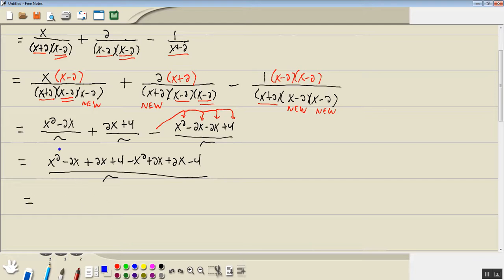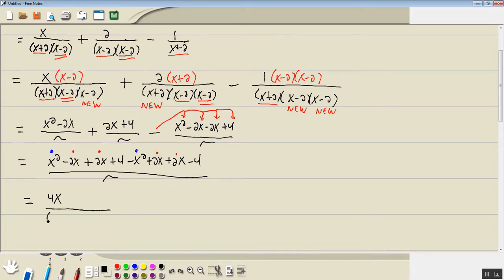Combine like terms. Here's an x squared minus x squared. Those cancel. Negative 2x plus 2x. Those are going to cancel. And here we got 2x plus 2x. That gives us 4x. And number-wise, what do we have? 4 minus 4. That cancels. That's interesting.